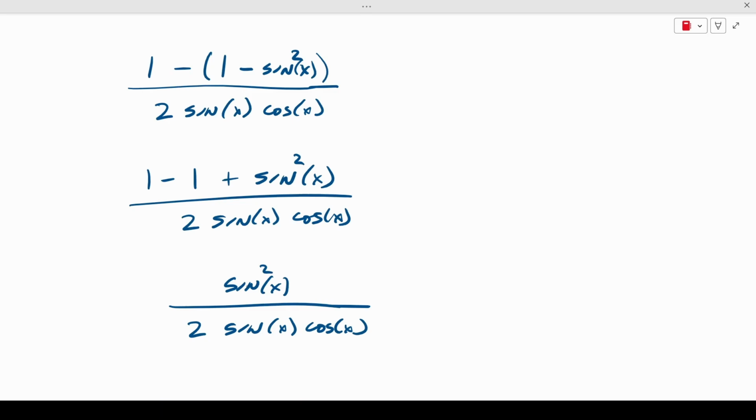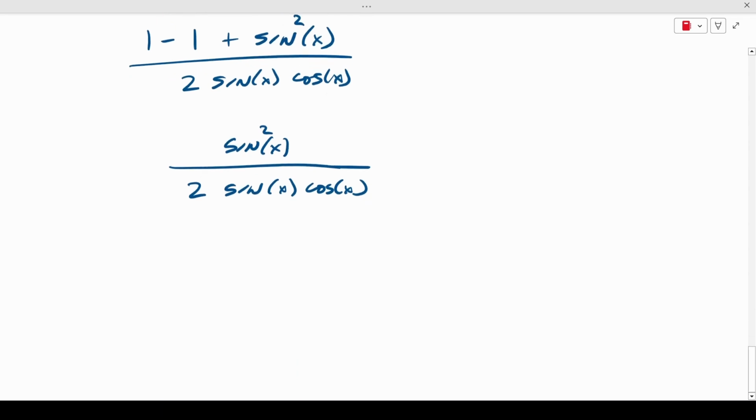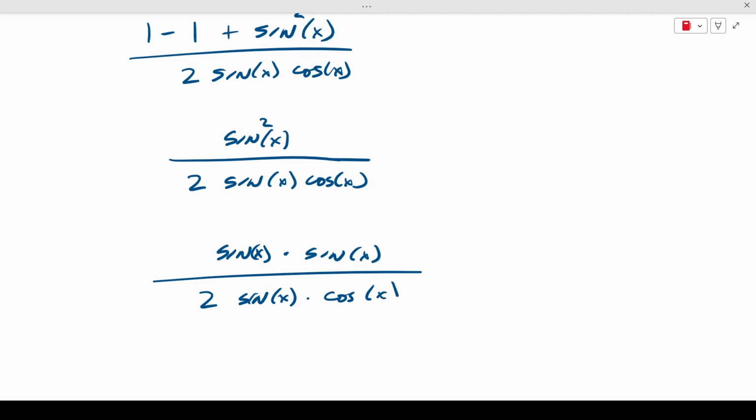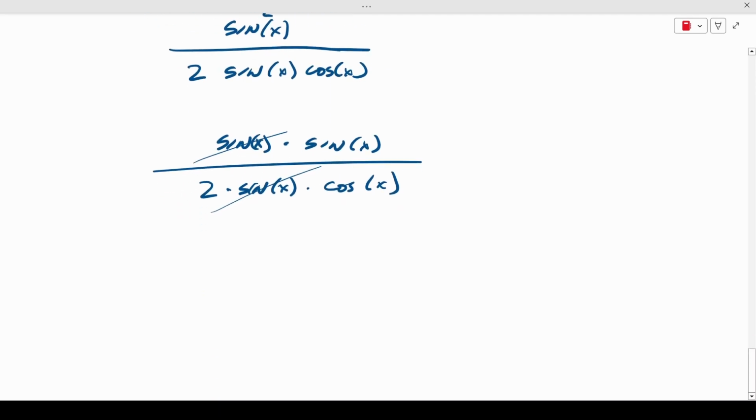Well, here we have sine x times sine x, right? If you prefer, I might as well go nice and slow here. This is sine of x times sine of x. And in my denominator, I have 2 times sine of x times cos of x. Well, clearly I can divide the numerator and the denominator both by sine of x. What am I left with?